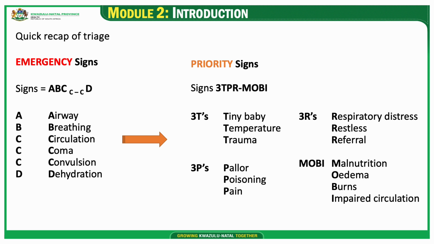Then we also have our 3 P's, which stand for severe pallor, poisoning, and severe pain. The 3 R's stand for respiratory distress, which would be mild or moderate respiratory distress, a restless patient, and a patient that is referred as an urgent referral. And our MOB stands for malnutrition, edema, burns, and impaired circulation. These are the patients that go to the front of the queue.